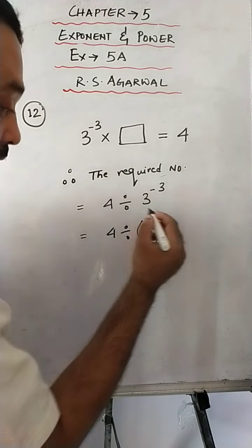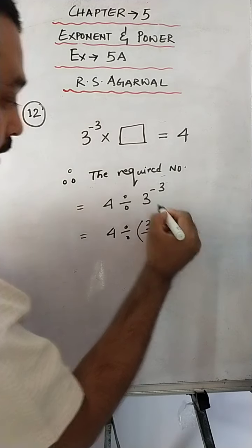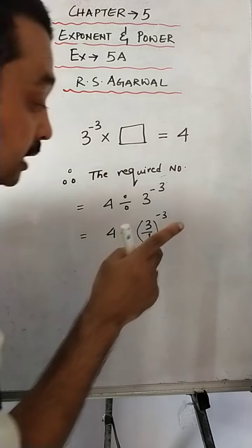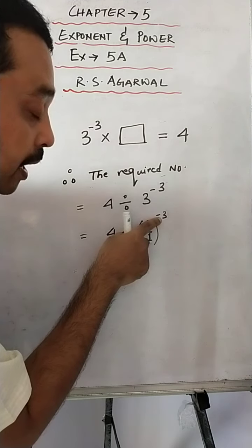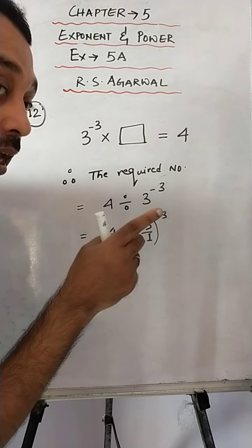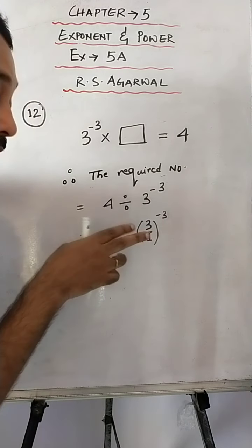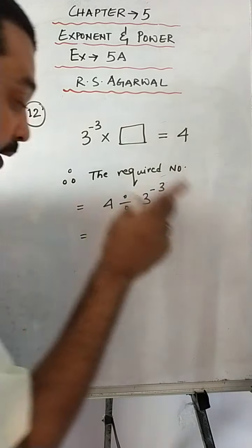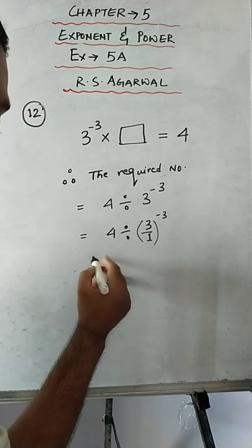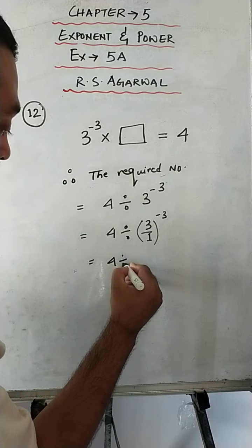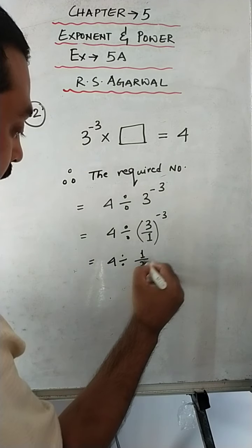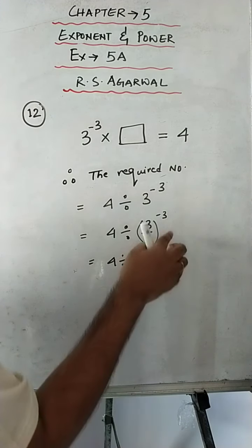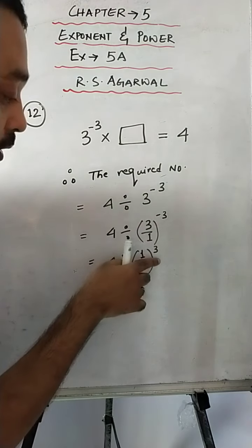Now this time we will write it down, minus 3. Now what did I say yesterday? That if you see any negative power, then the first thing is to make this power positive. And how to make it positive? You have to reciprocal the base. So what is the reciprocal form of 3 by 1? I hope all of you know this. It would be 1 by 3, and this is how you have made the power positive.